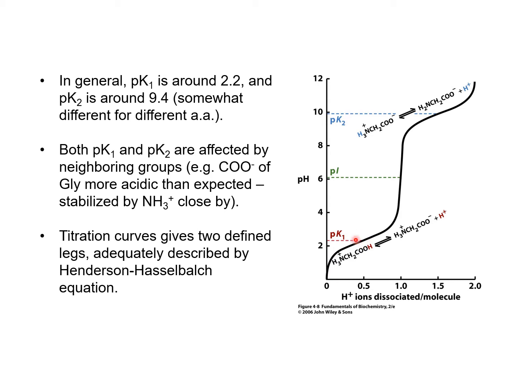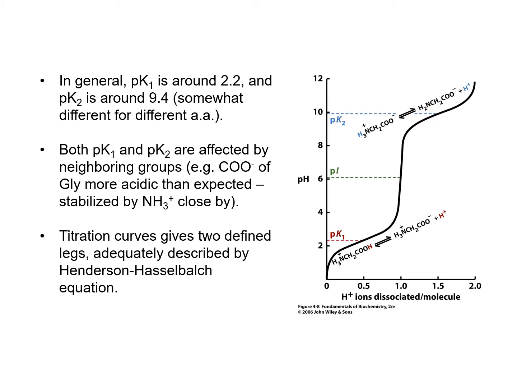And the pK is basically right in the midpoint of those titration curves. And also, for multiple curves, you can get multiple pK points. In general, pK1 is around 2.2 for an amino acid, which is pretty acidic. And the second pK, which is pK2, is around 9.4.